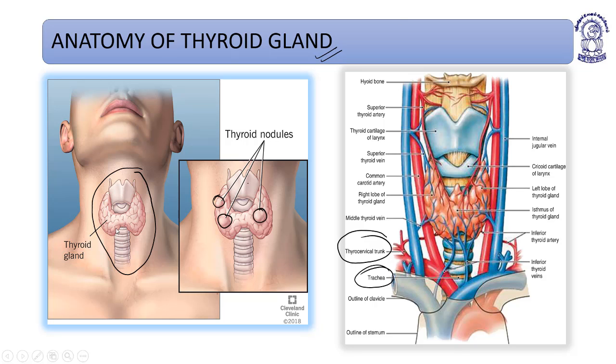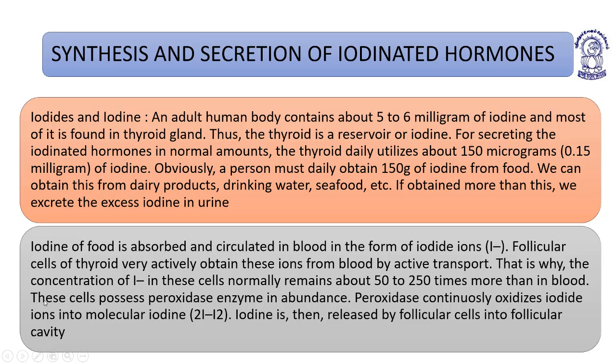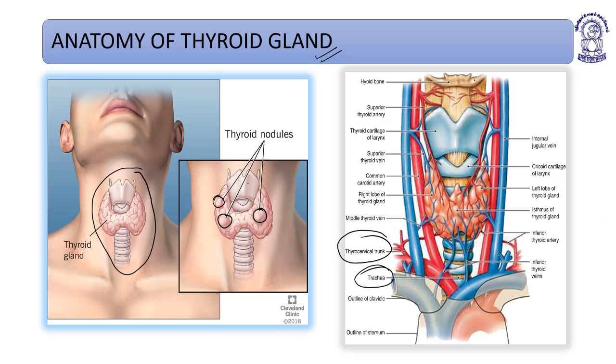Superficial anatomy is okay. One thing I want to tell you is that the gland has two lobes, this lobe and this lobe, and they are connected via the isthmus. This isthmus has this projection.